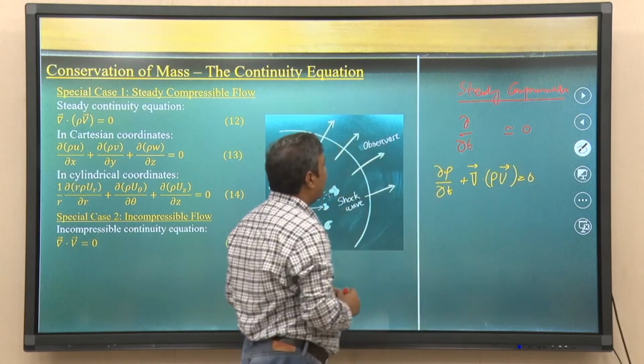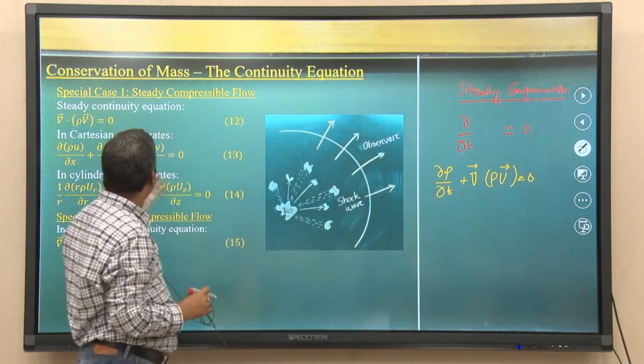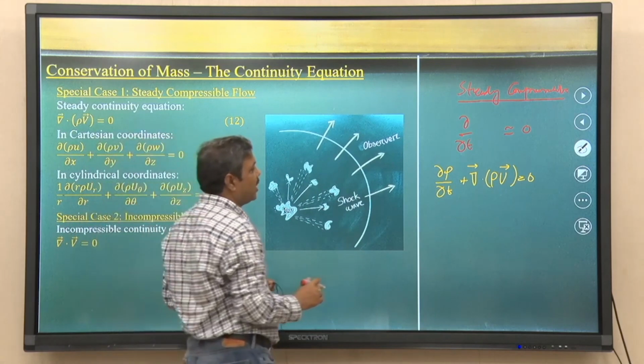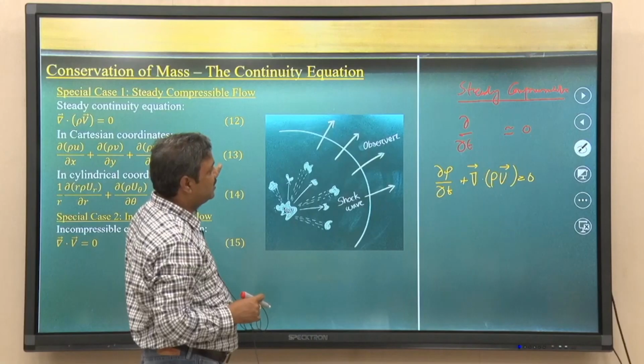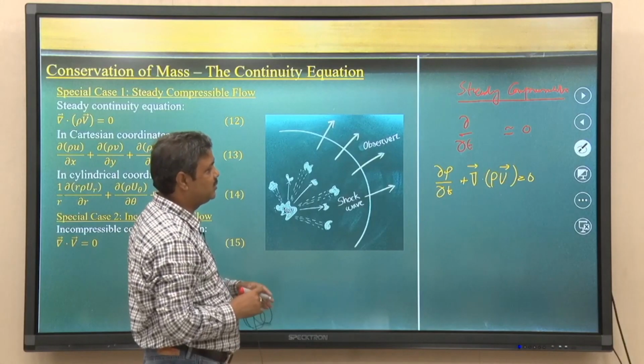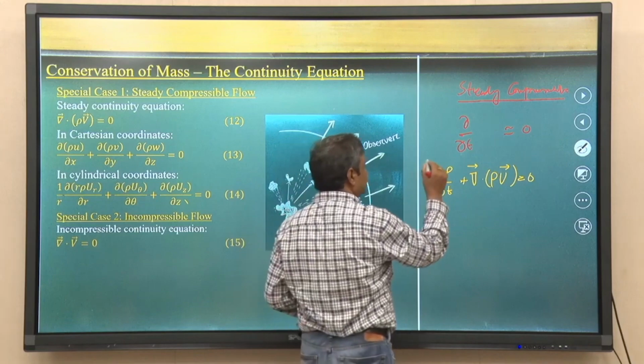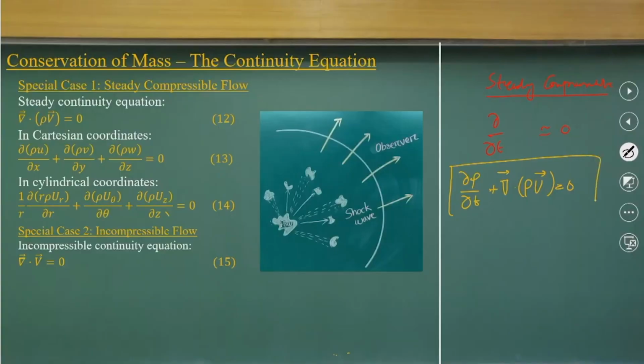If I have a steady problem, please remember this equation. Do not try to remember the other components, because it is quite easy to derive them if I know the basic form of this equation. As students, please try to remember this part, then the other components can be derived for the Cartesian coordinate systems.